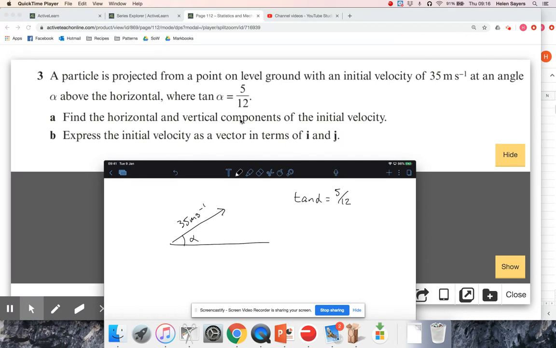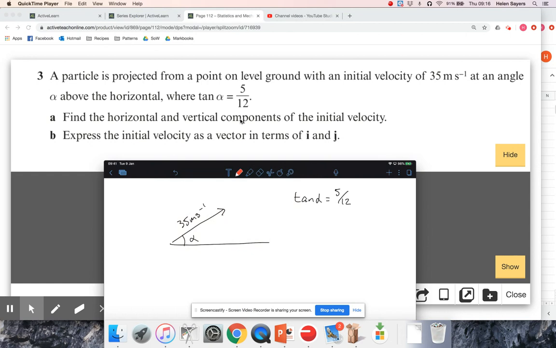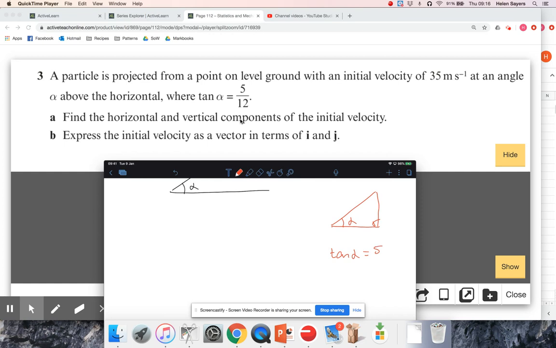Right, if I change colour, and I've got a right angle triangle, I'm no longer drawing out the velocity they gave me in the question, but if I just draw a right angle triangle, and I know that tan alpha is 5/12, and obviously I know from trig, from SOHCAHTOA, that tan is opposite over adjacent.